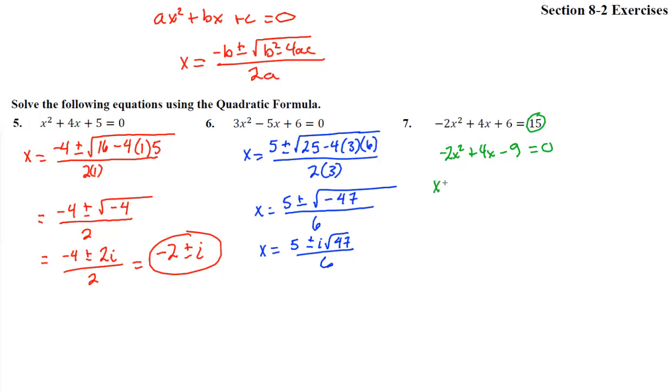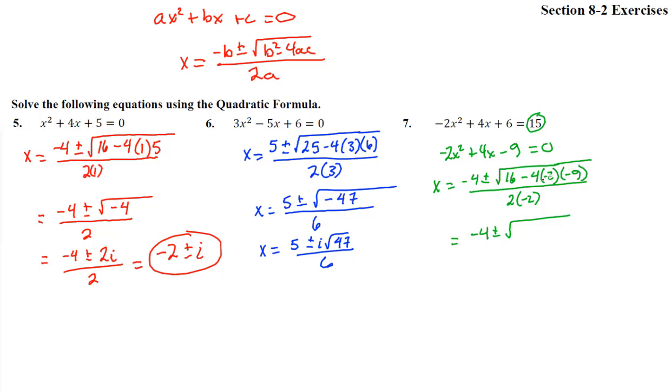So now we have x equals negative b plus or minus the square root of b squared minus 4 times a, which is a negative 2, times c, which is a negative 9. Good. And then we get all over 2 times a, which is a negative 2 there. All right, so what does that equal? That's negative 4 plus or minus the square root of 16 minus 4 times a negative 2.